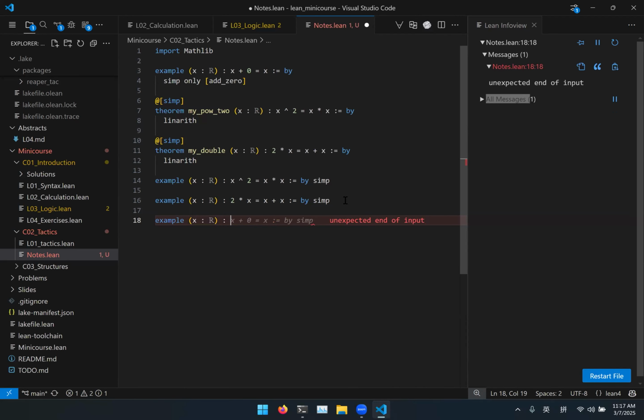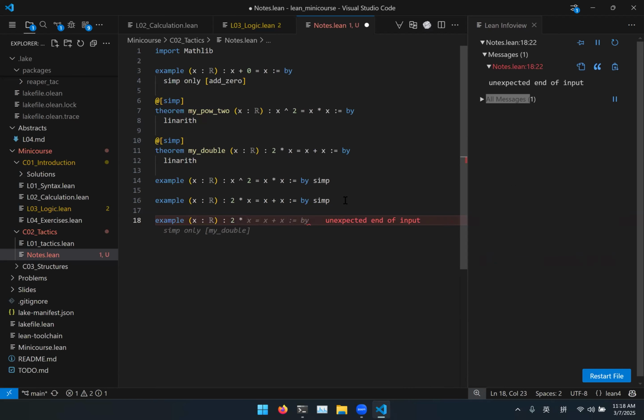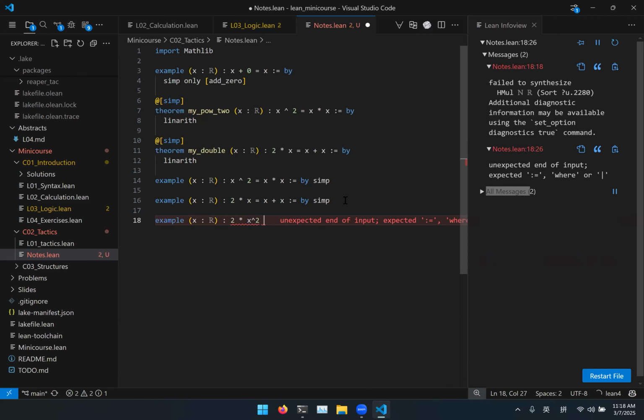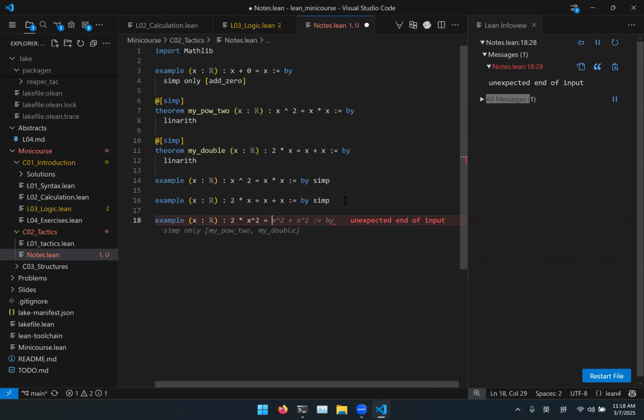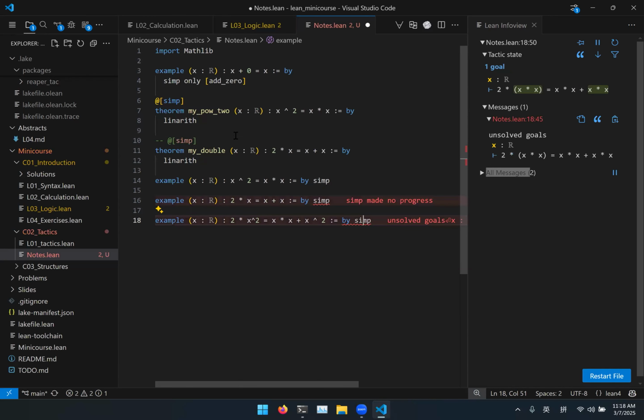Let's just add them together: 2 minus 2 multiplied by x squared equals x multiplied by x, and x squared equals, by simp. This will help us solve the goal. However, if we cancel any one of these simp decorators, this will not work, because it recursively uses our simp lemma set to finish this case.